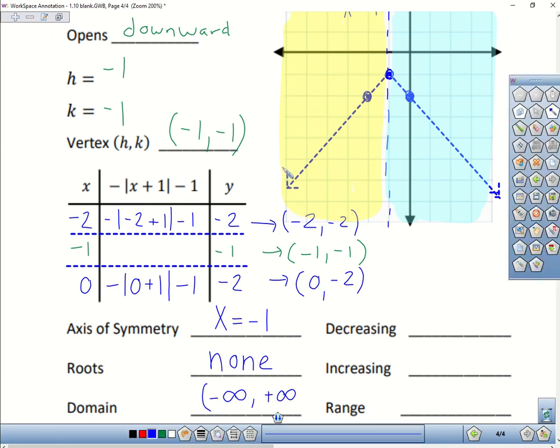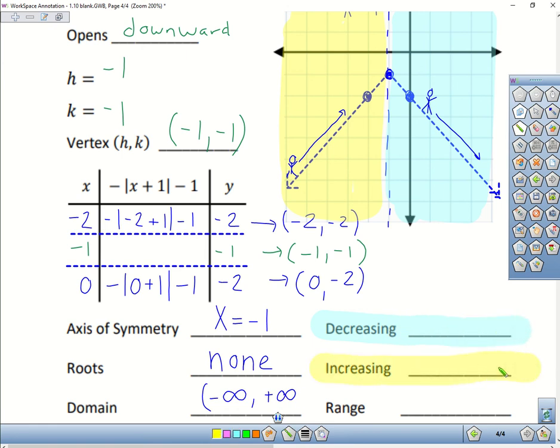So pretend you're a person walking here, okay, from left to right. You're going up this way, right? So it's actually increasing over here. And then when I get over here in the blue, it's actually decreasing, if you're a little person. So it is a little hard to visualize. It took me some time to learn this too. So my graph is actually decreasing on the blue, and it's increasing on the yellow.